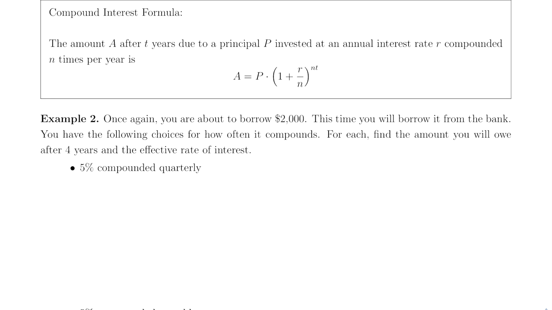We had it for annually, which we did in the previous video, and in this video we are going to compound it quarterly, monthly, and daily, and then look at what happens to our values. So for the first one, it is A equals 2000 times 1 plus our rate, which is always the same, and in this case, quarterly, that means 4 times a year we calculate our interest, and therefore to the power of 4 times 4.